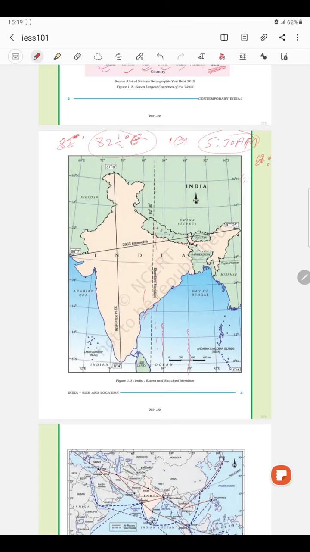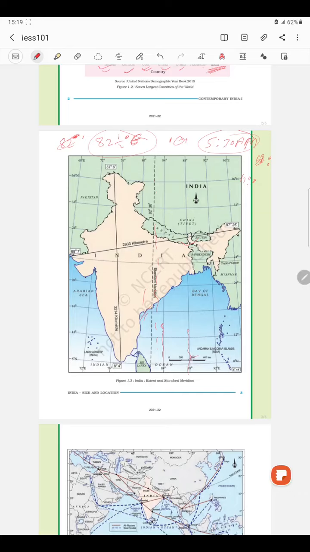That means Britain is lagging 5 hours 30 minutes behind India. That means India is ahead 5 hours 30 minutes from Britain. So how do we calculate? We can calculate with the help of the meridian.